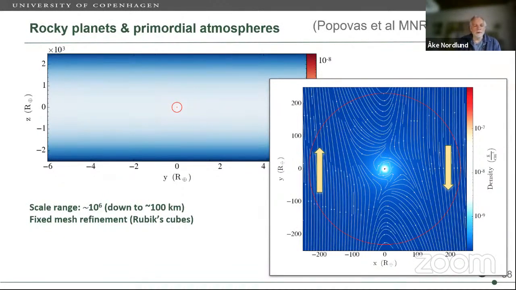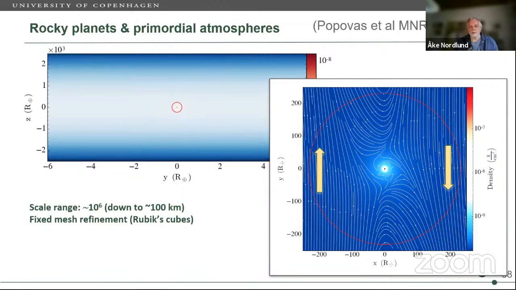Here we use a fixed mesh refinement with a scheme that looks like Rubik's cubes. The smallest Rubik's cube contains the Earth, and it's 2.4 Earth radii, so it's slightly larger than Earth. The next layer has that cube in the center and then 26 more cubes.